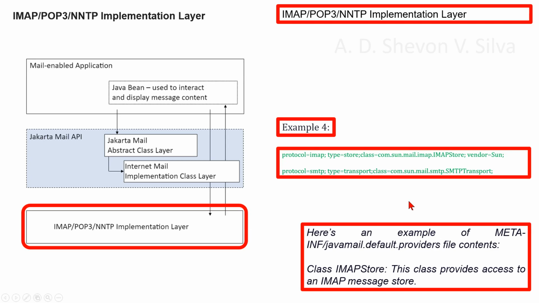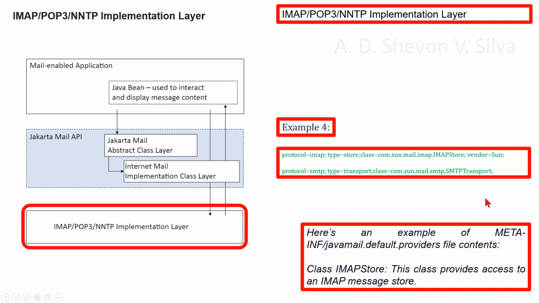As an example 4, we can consider this one. Here is an example of META-INF/javamail.default.providers file contents. The javamail.providers and javamail.default.providers resource files specify the stores and transports that are available on the system, allowing an application to discover what store and transport implementations are available.